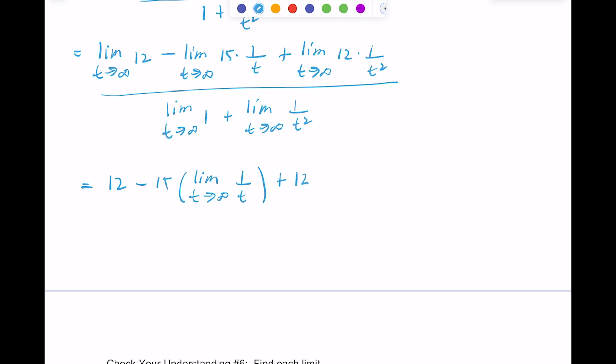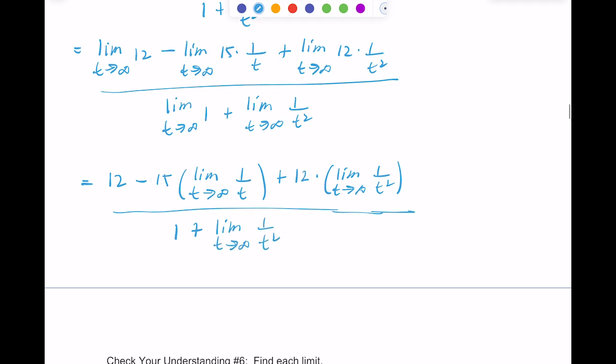And then likewise, 12 times the limit as t approaches infinity of 1 over t squared, all over the limit of 1 is just 1 plus the limit as t approaches infinity of 1 over t squared.